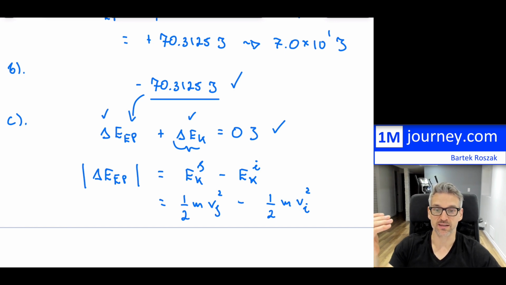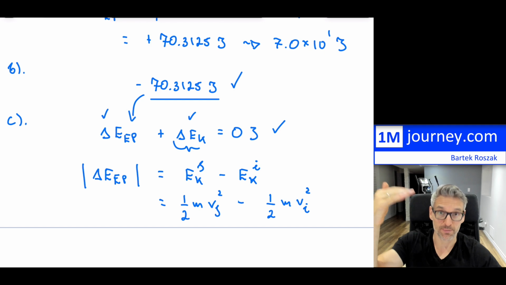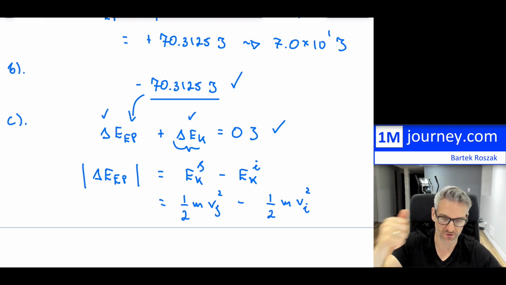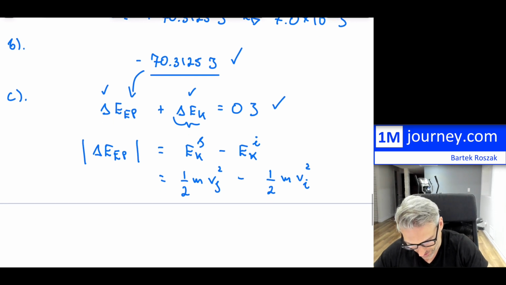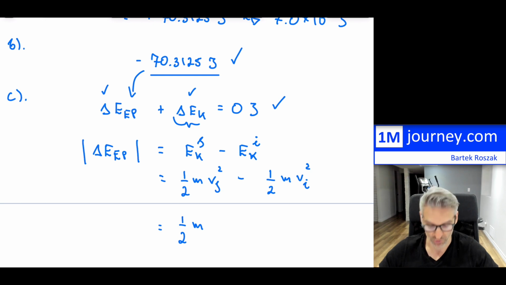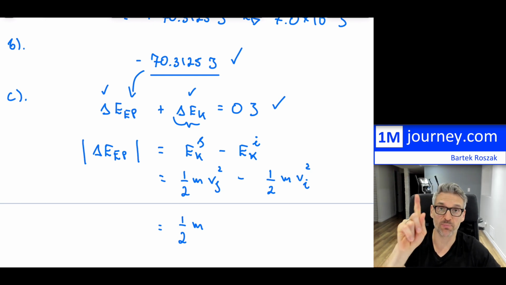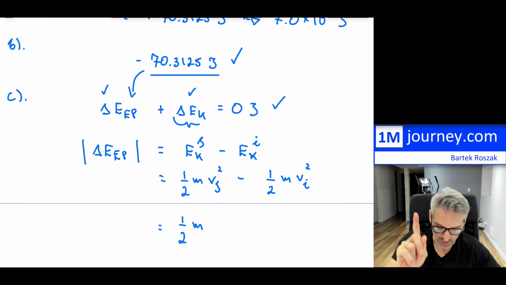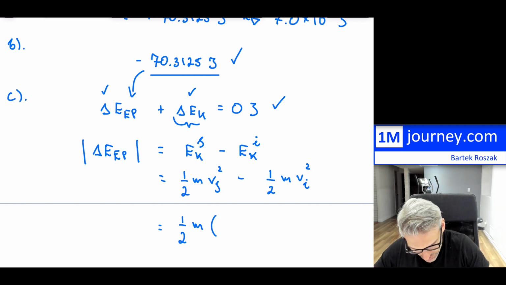So that means it must have gone up, because it's speeding up because the potential energy has been reduced. So therefore, the final one is higher. So this is going to be m, instead of writing final, I'm going to put it in terms of initial because that's what we're looking for. It has gone up by a third, so it is V initial plus a third of V initial. So you can write it like this.